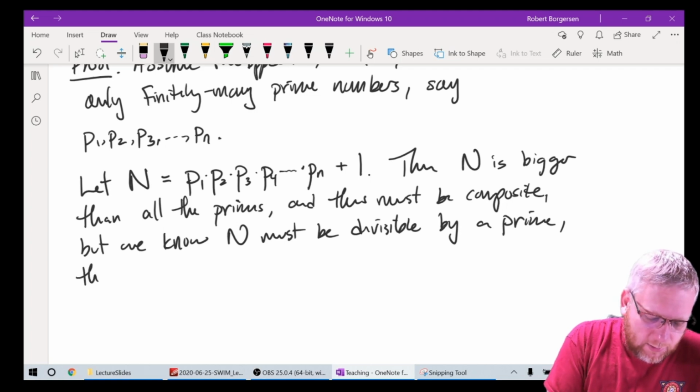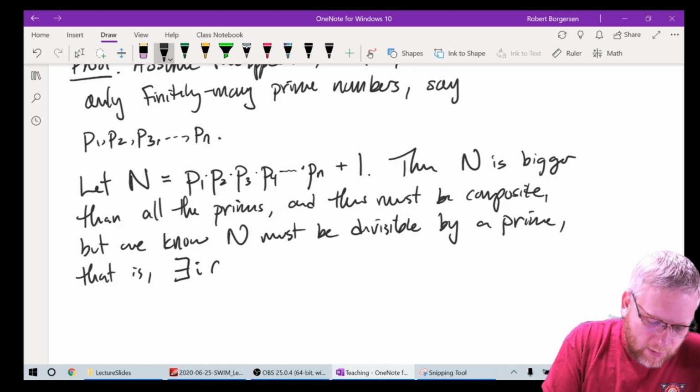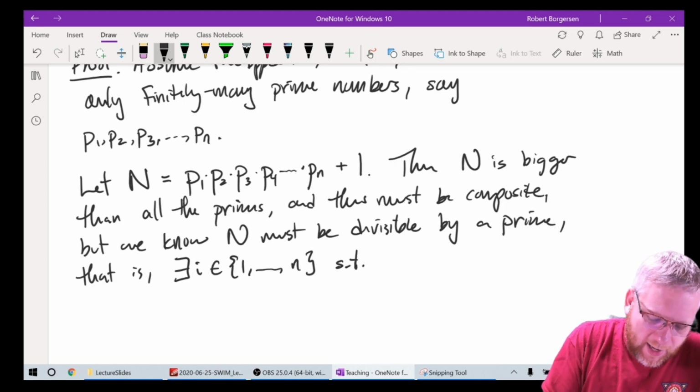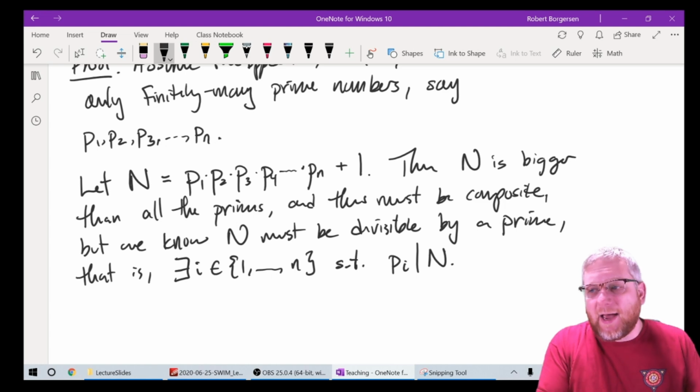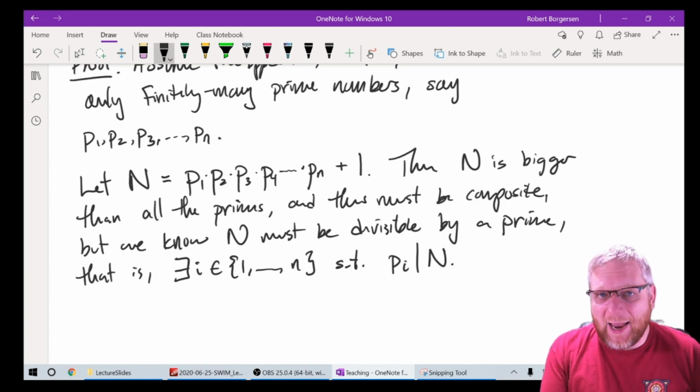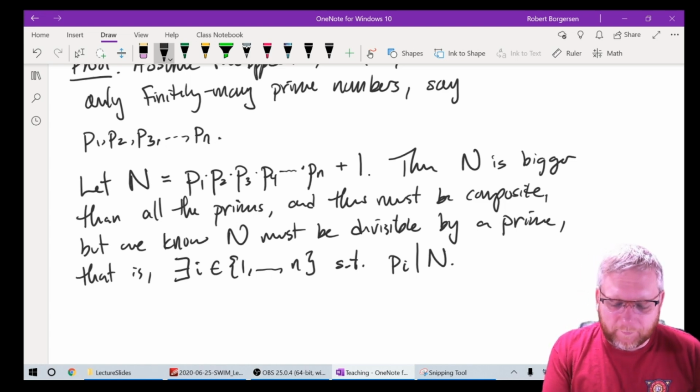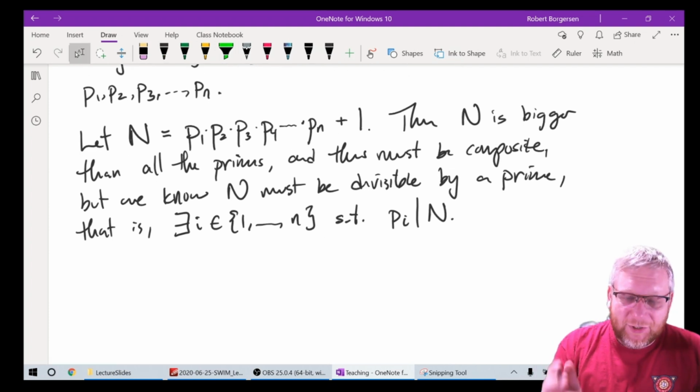That is, there exists some i in the set 1 to n such that Pi divides capital N. There must be some i somewhere such that Pi divides N. But check this out.